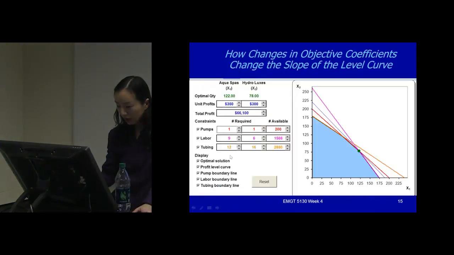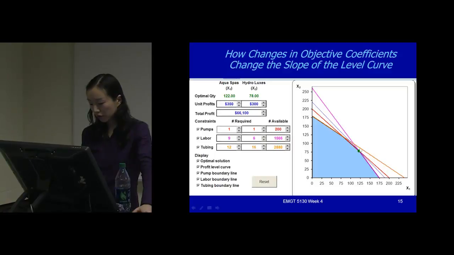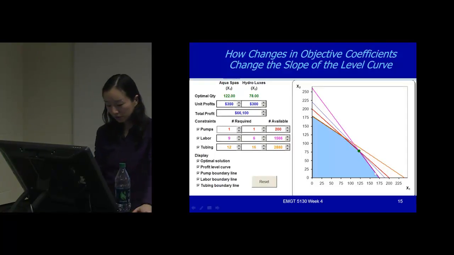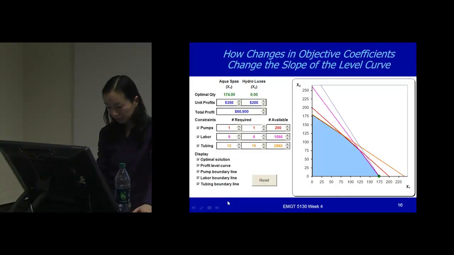That's the original objective function, and the optimal solution is here, and this blue dotted line is the level curve. When we change it this way, this time I changed the x2 coefficient from 300 to 200. It also changes to this point, so the optimal solution changed.